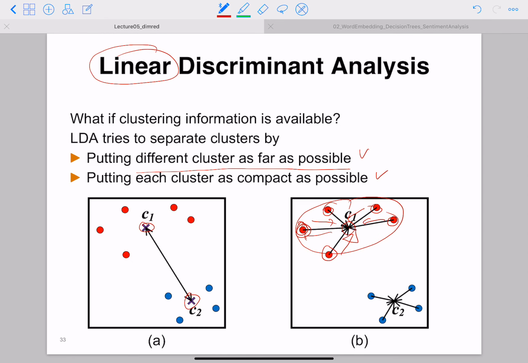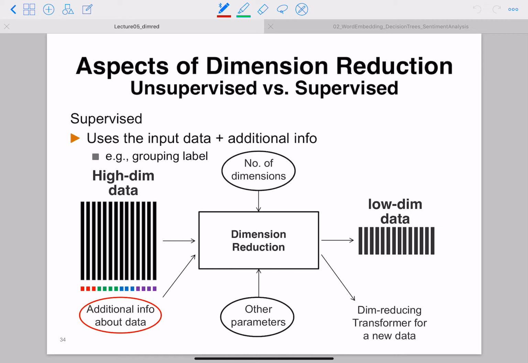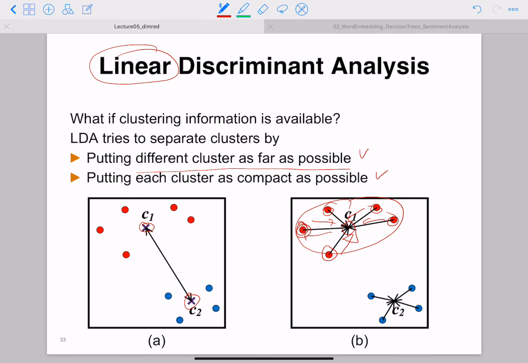So we find this optimal axis. That optimal axis is obtained through something called the generalized eigen decomposition, a method based on linear algebraic techniques that can find this optimal axis. Okay, so that will give us this kind of representation.